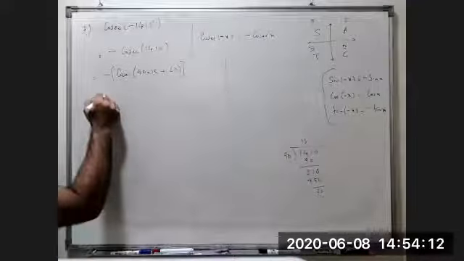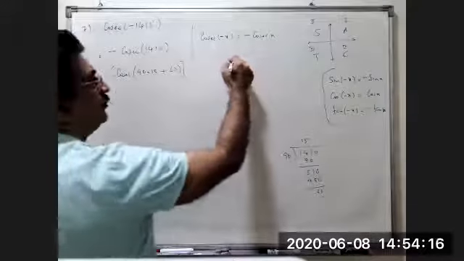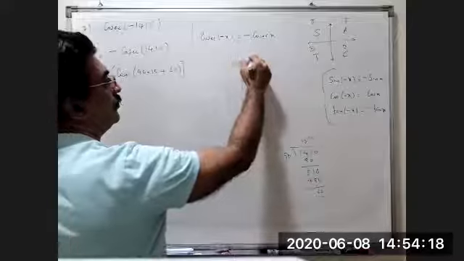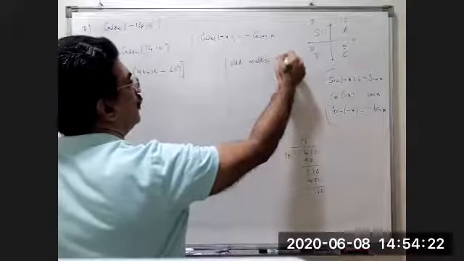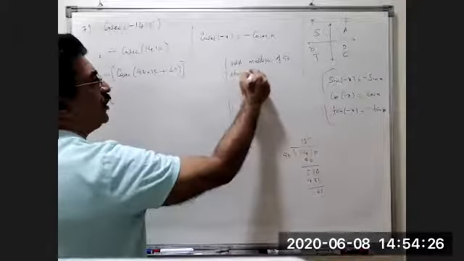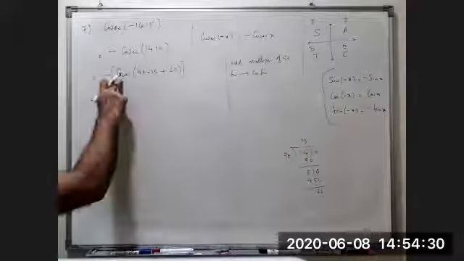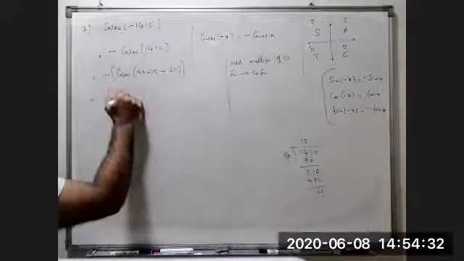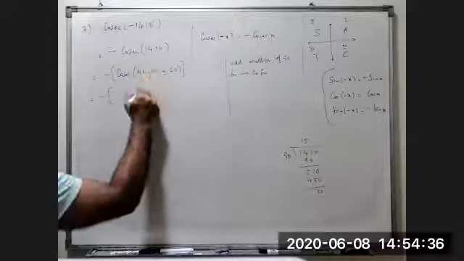Again, what multiple of 90? So the function changes to co-function. That means this cosine changes to sine. Put a gap because we have to put a sign there. Sine 60.